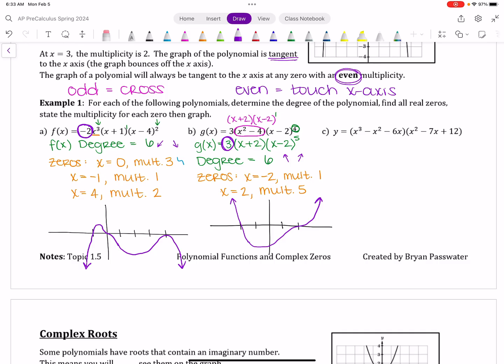Lastly, we have y, which we do have to factor quite a bit. So first, we can take a greatest common factor out of our first set of parentheses of x, which leaves us with x squared minus x minus 6. And then we can factor that inside set of parentheses again to be x minus 3 and x plus 2.